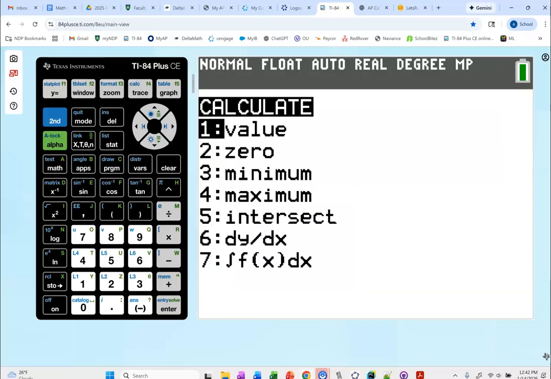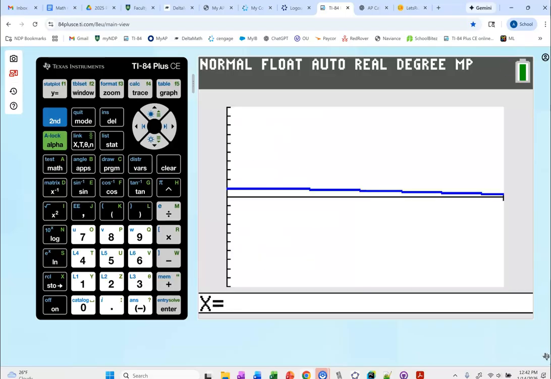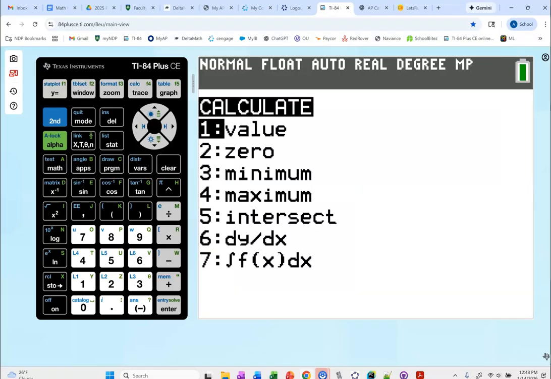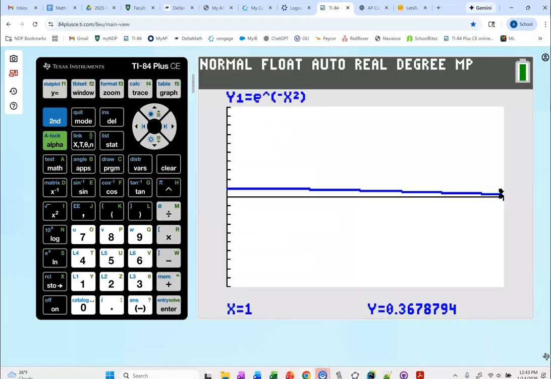Now keep in mind that what Anthony had said was, well, could I just have plugged in 0 and plugged in 1 and used those as my bounds? Could I have done that?